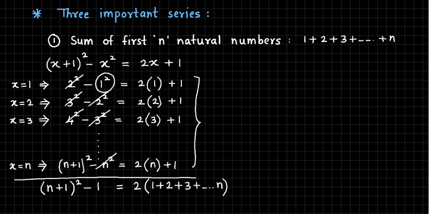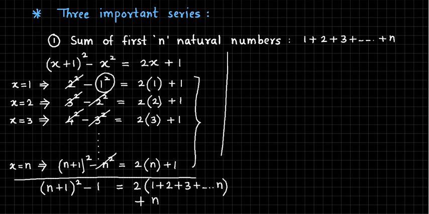This is the last number to add. And now if we consider the second part, that is nothing but all the ones which are added n times, because there are n equations. So therefore addition of 1 for n times gives us n itself, right?